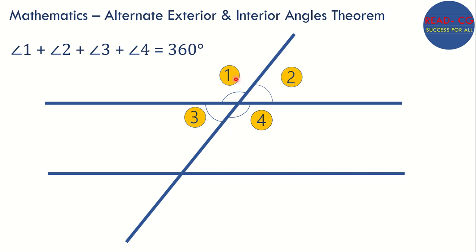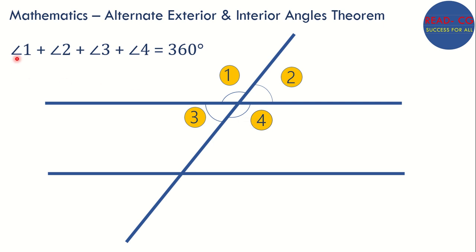Overall, angle 1, angle 2, angle 3, angle 4, the sum of all these angles should be equal to 360 degree.